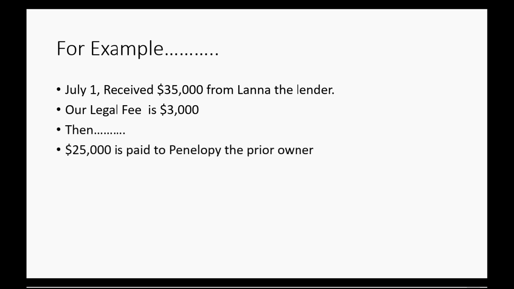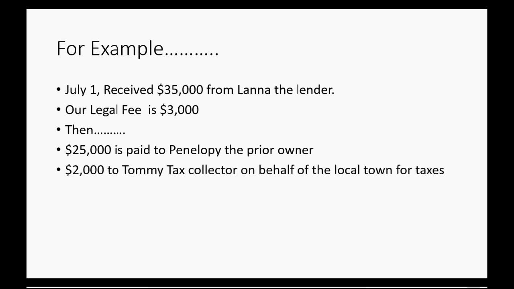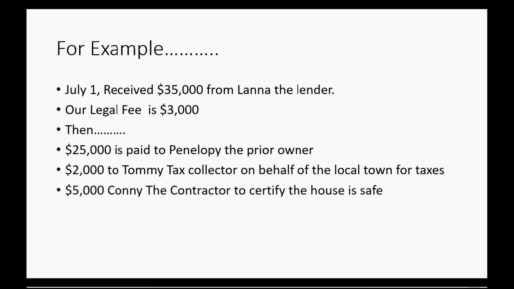Then we have to pay $25,000 to Penelope, the prior owner, and $2,000 to Tommy, the tax collector, on behalf of the local town for taxes as part of the closing costs, and $5,000 to Connie, the contractor, to certify that the house is safe. And all those together equal the $35,000 that we received. These are just example closing costs, and this is an example situation. So let's remember the numbers in the trial balance, and let's take a look at how to record it.